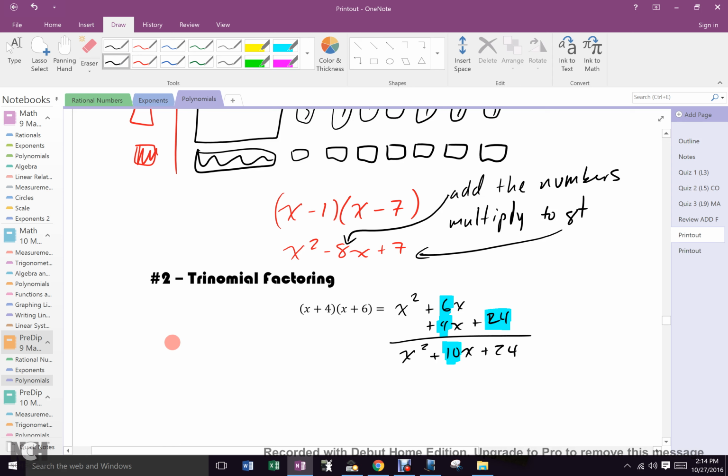Actually, I'm going to change this slightly. How do those 2 blue numbers relate to the yellow number? And how do they relate to the green number? Anish. 6 times 4 equals 24. 6 plus 4 equals 10. Right?